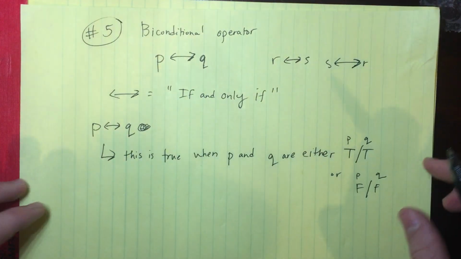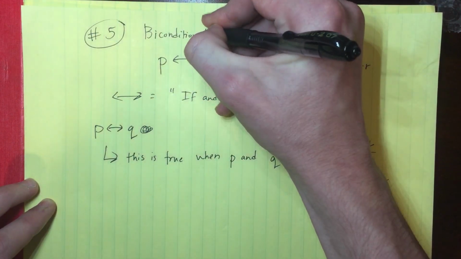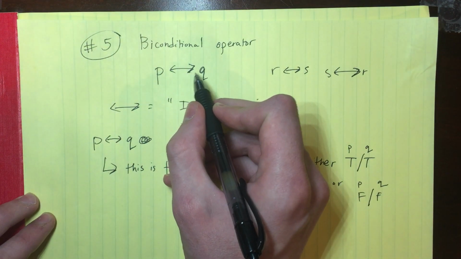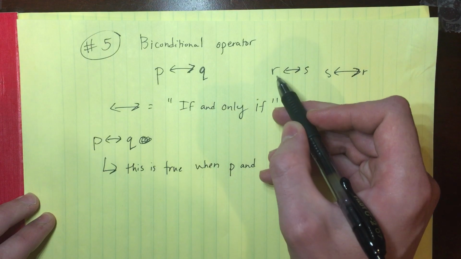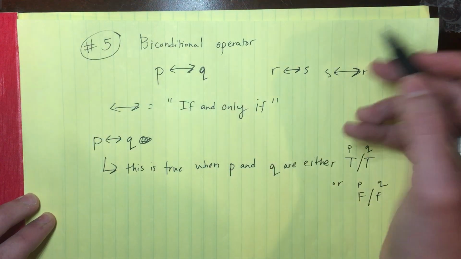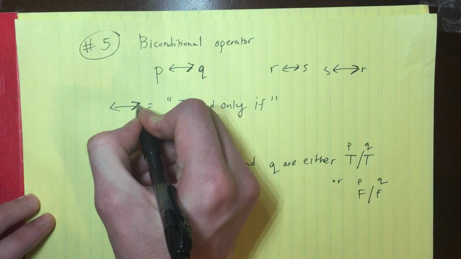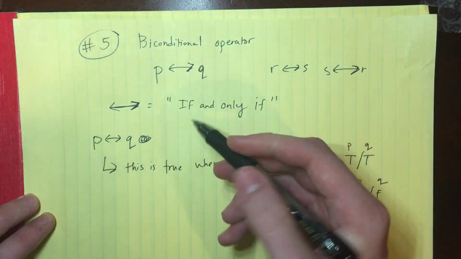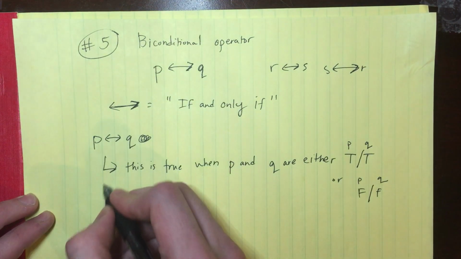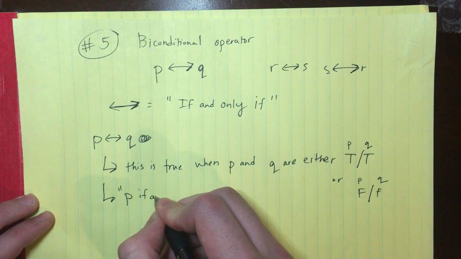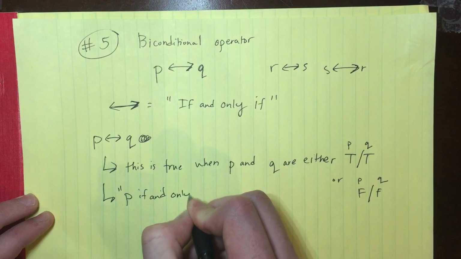So the biconditional operator is P if and only if Q, or R if and only if S, or S if and only if R. This little double arrow is if and only if.